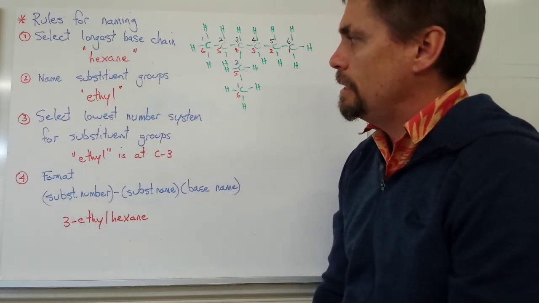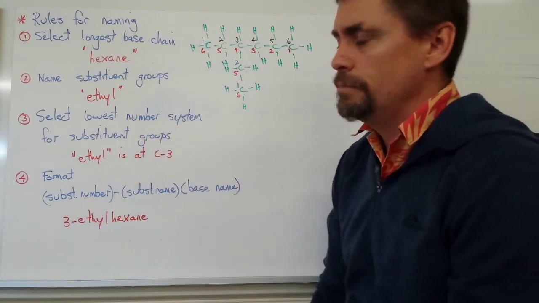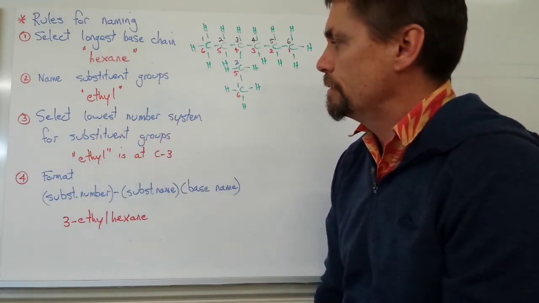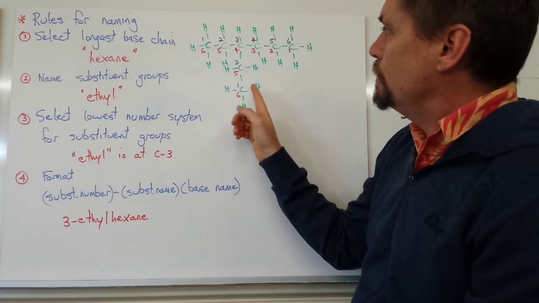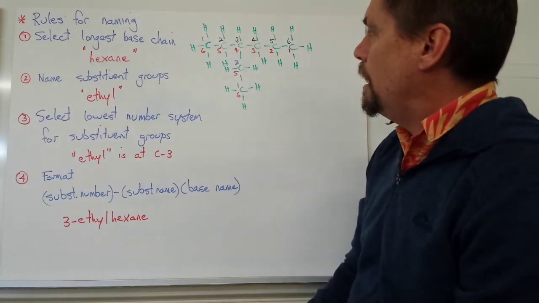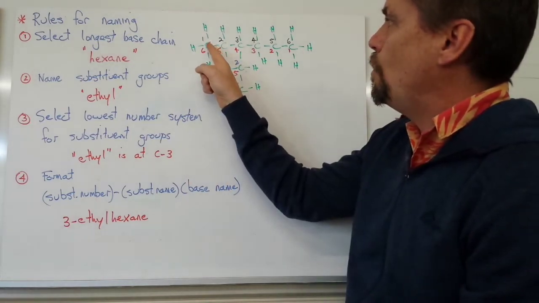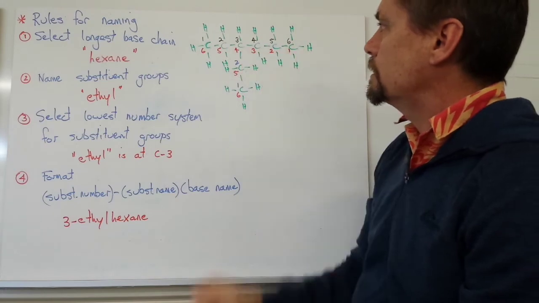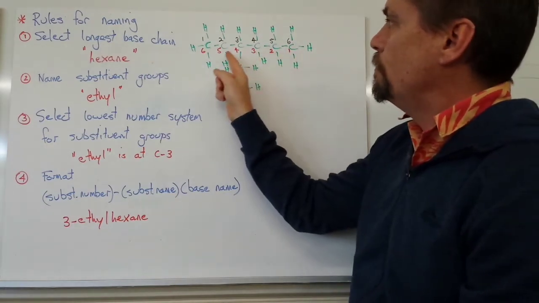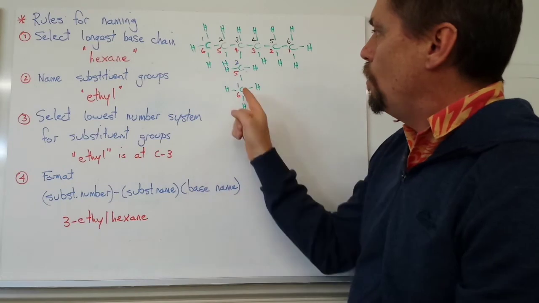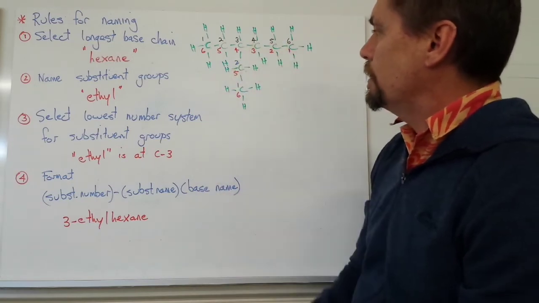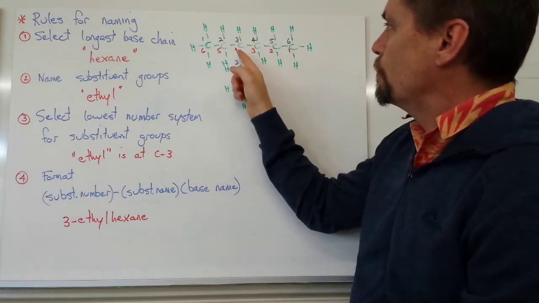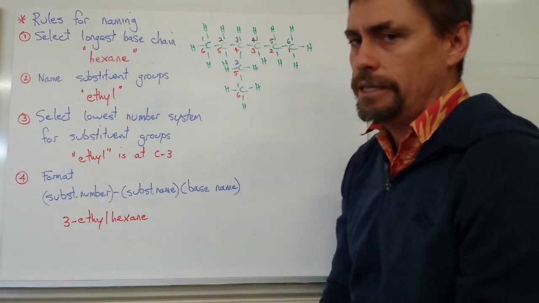Our next step is to select the lowest number system for those substituent groups. So we could choose, and I've named it up here, our carbon chain. We can either have 1, 2, 3, 4, 5, 6 going that way, going this way, or going this way.